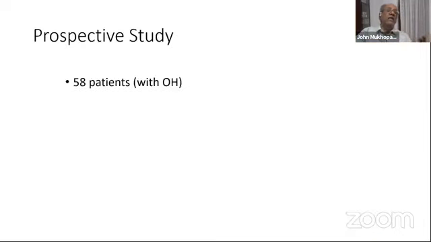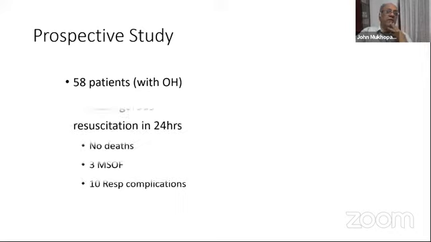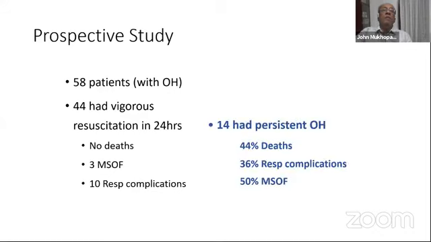They then followed it up with a prospective study with 58 patients who had elevated lactates but did vigorous resuscitation in them. In 44, they were able to bring the lactates back to normal in 24 hours. In that group, there were no deaths, and much fewer multi-system organ failures and respiratory complications. While the 14 patients who had persistent acidosis or increased lactates had a much higher rate of all these complications.